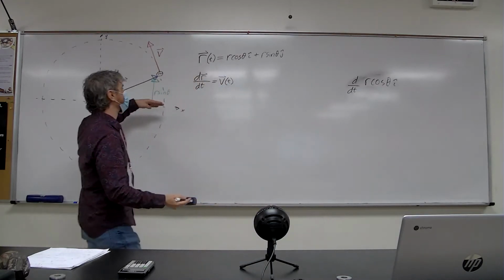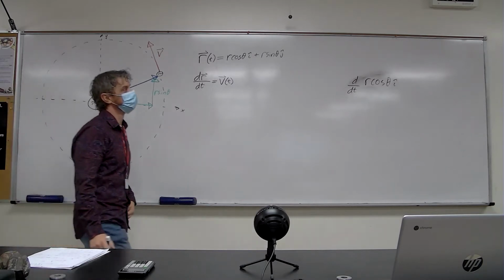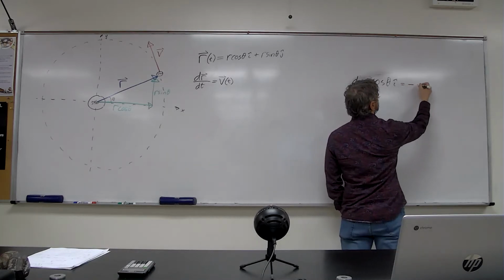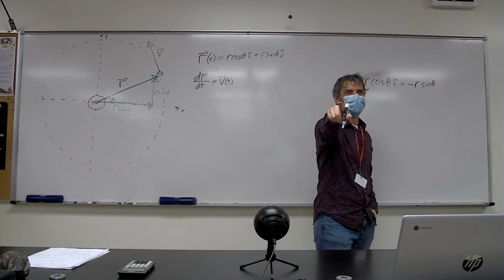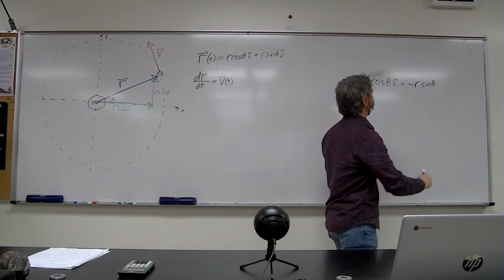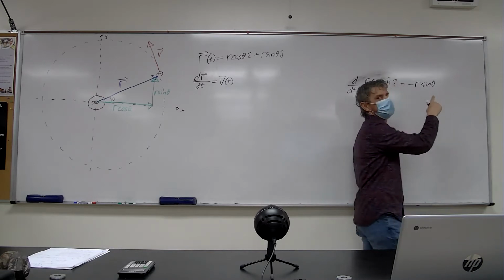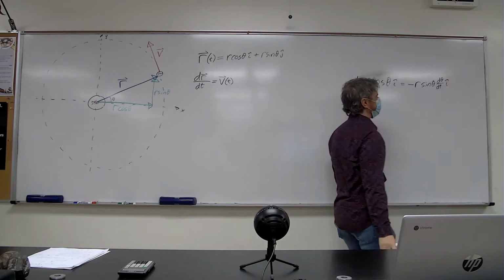We're doing the derivative with respect to time. As time goes, theta is constantly changing. Negative r sine theta i hat times d theta over dt. I wasn't expecting that. Negative r, so good job. Negative r sine theta times d theta over dt times i hat.